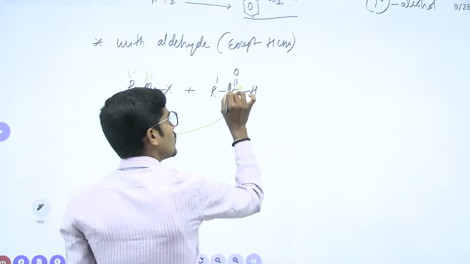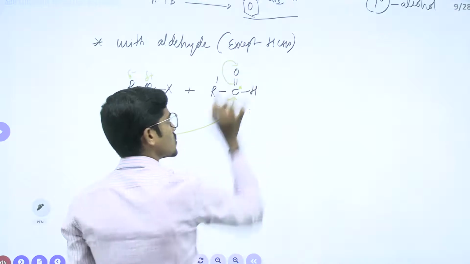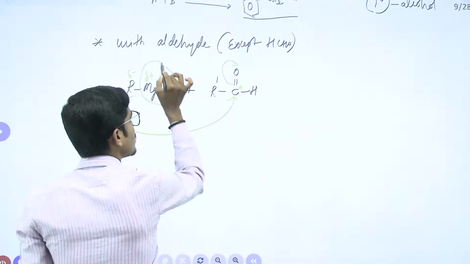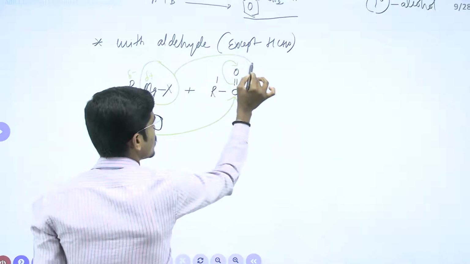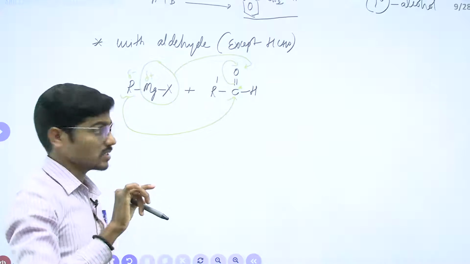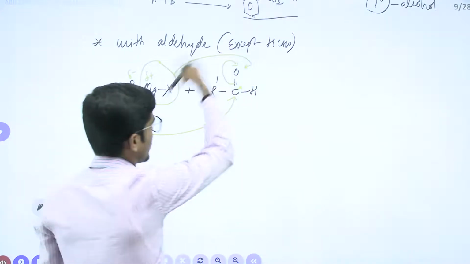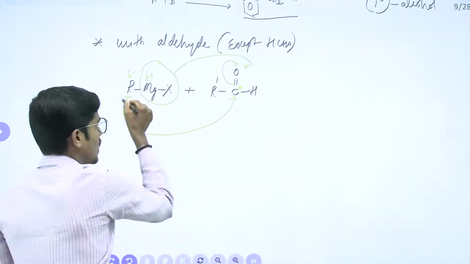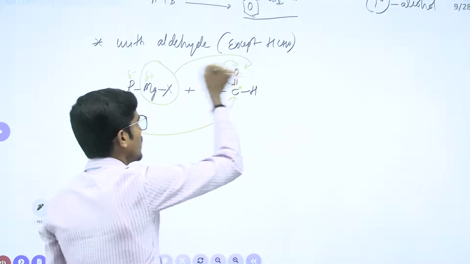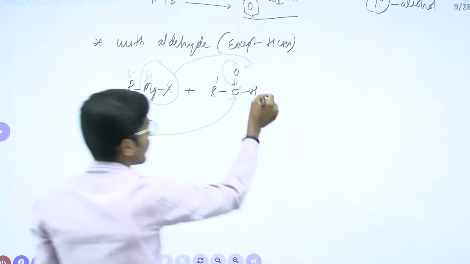So this bond will get shifted onto oxygen. Simultaneously, the remaining part of the magnesium will attach to this oxygen itself. As in the last case I showed in the second step, there are three parts: the alkyl group attached to this carbonyl carbon, this bond gets shifted, and the remaining part attaches to the oxygen.